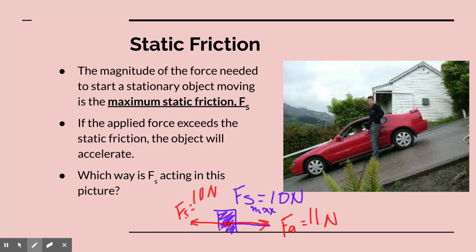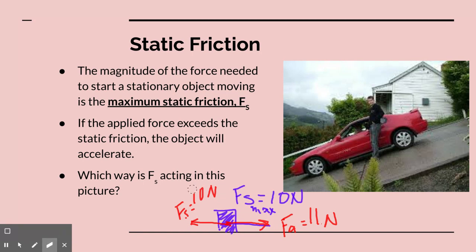And if we have motion, we're not going to be worried about the static friction anymore. However, at the exact moment before this moves, you would have 11 newtons of force on, and the static friction would still be 10. But then again, you'd be working with kinetic once it's moving.